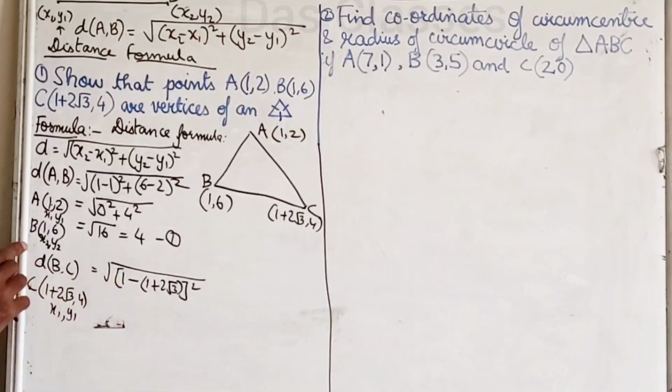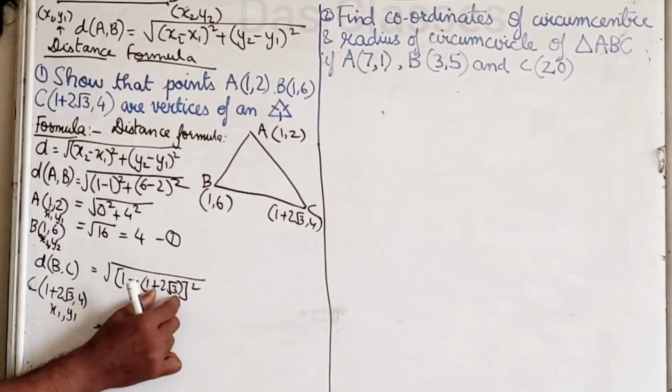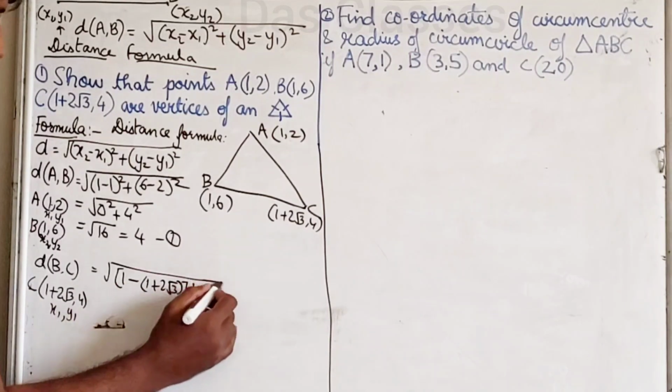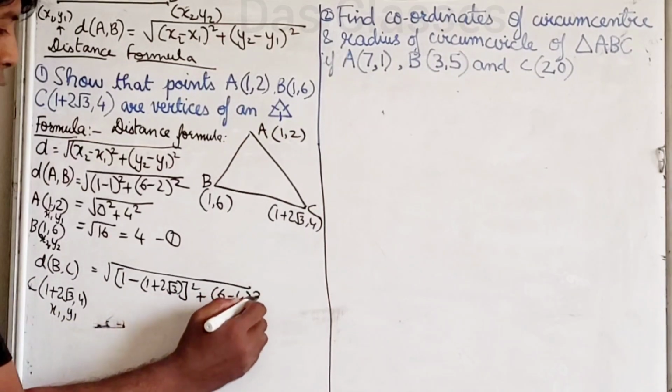It is x2 minus x1 square, and in x1 there were two terms, so I put a bracket. Every time there are two terms, you need to put a bracket if there's a minus sign outside. Plus y2 minus y1, y2 is 6 minus 4, square.